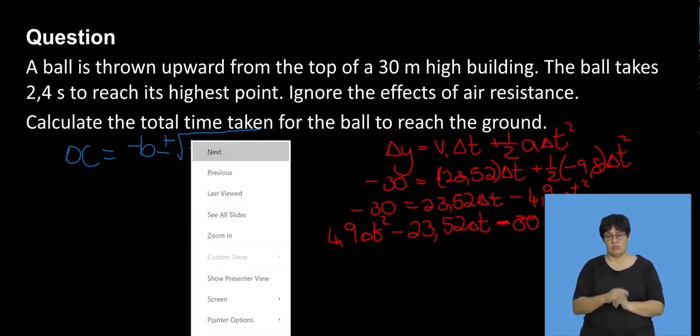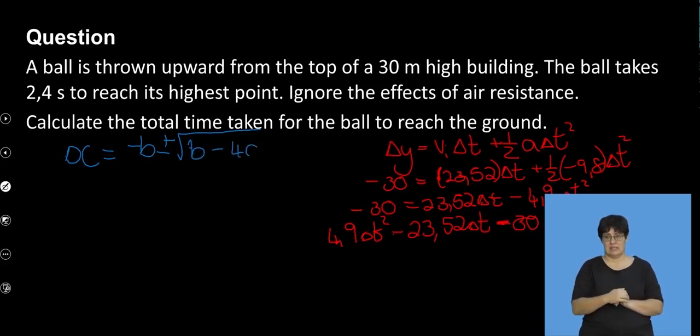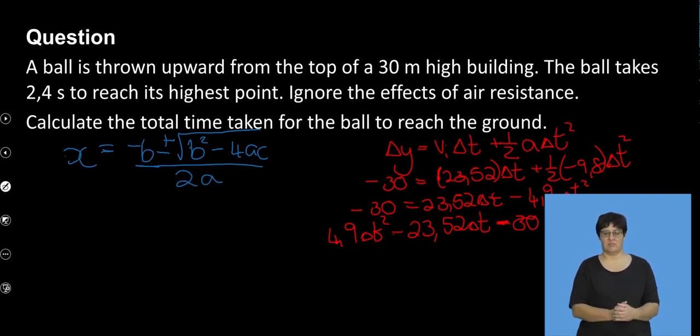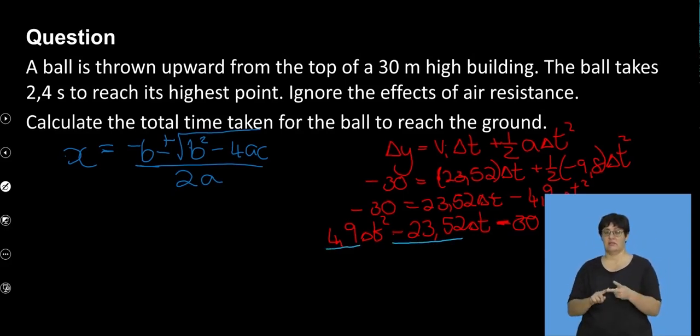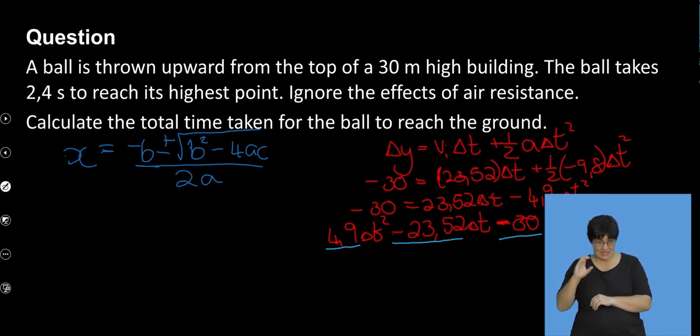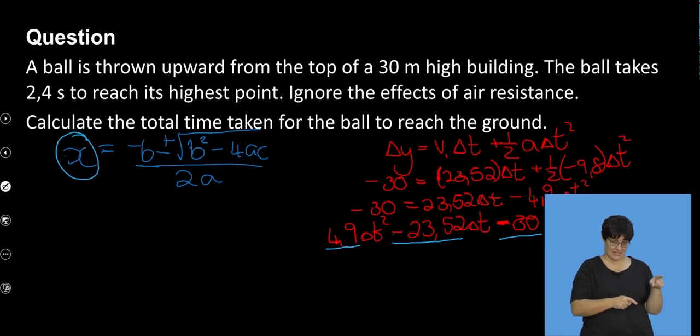This is why you've got to remember it. So when we look at this equation, 4,9 is a, minus 23,52 is b, and minus 30 is c, and x is delta t.